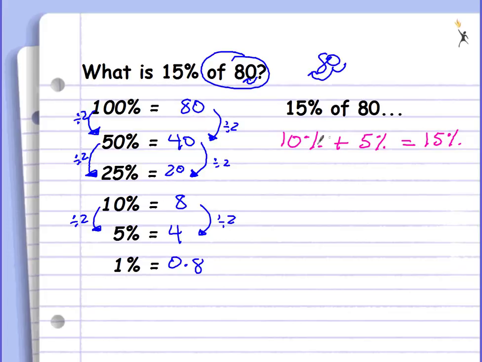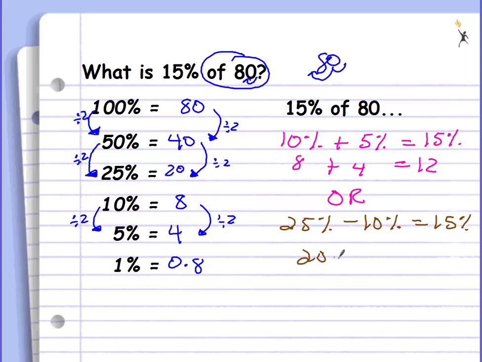So the 10% plus the 5% would be 8 plus 4, which is going to be 12. Or, change my color here, I could do 25% minus 10%, and that'll give me 15%. So 25% is 20, minus the 10% is 8, equals 12. You get the same answers, don't you?